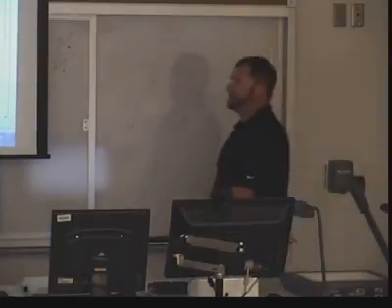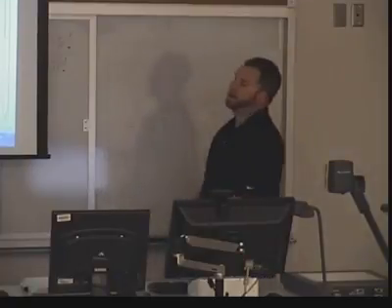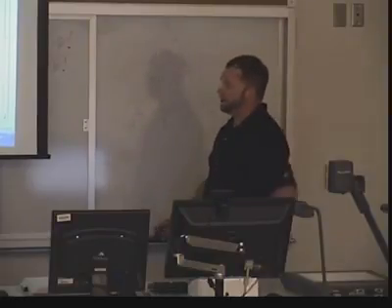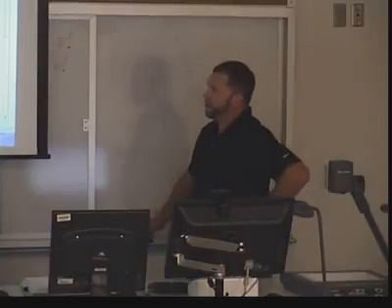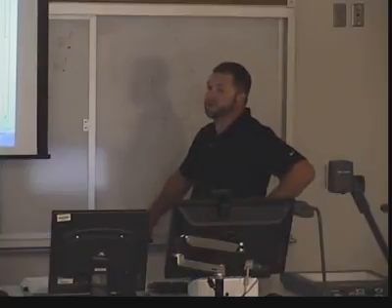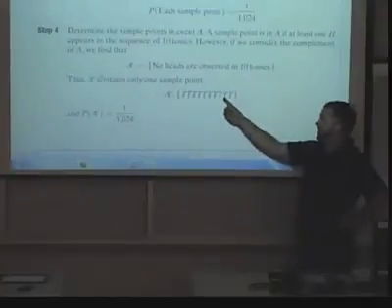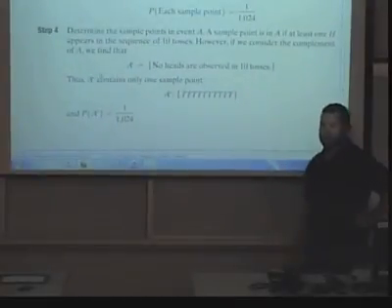So your chances of observing at least one head in 10 tosses would be what? What do you guys think? Right? Exactly. The probability of A in that case would be 1023 over 1024. Because there's only one event where you don't observe a head. So the chances of flipping 10 tails in a row is very, very, very slim.